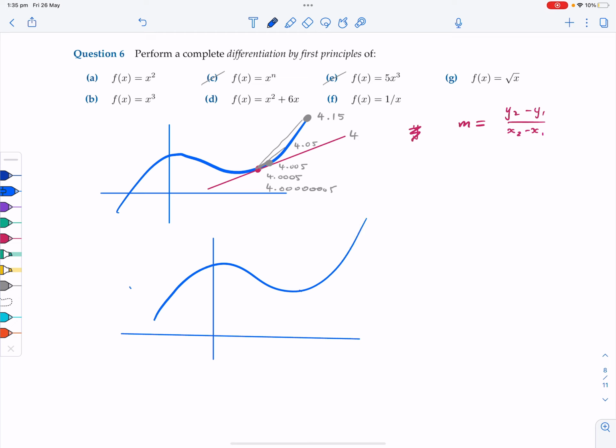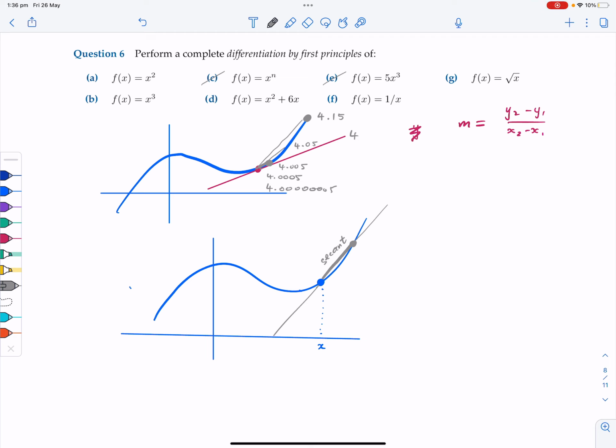Okay, so here's our diagram. I'm going to say here's a point we're interested in, and I'm going to call it x. And then the second point that we choose, and to make this thing, which is called a secant, or it's really called a chord. It's only a secant if you extend it according to the Cambridge textbook, but it doesn't matter.